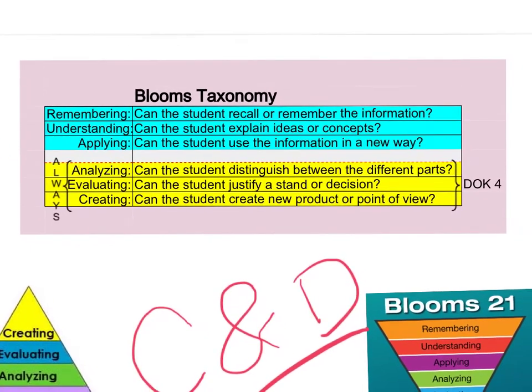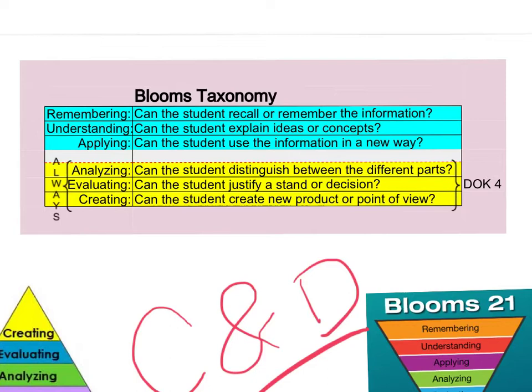Now, the reason that we have this break in the middle of our chart is to separate out depth of knowledge level DOK 4, which is the Department of Education's labeling for the higher end of Bloom's taxonomy. It is the district's position that DOK 4 is equivalent to analyzing, evaluating, and creating, as you can see on this chart.